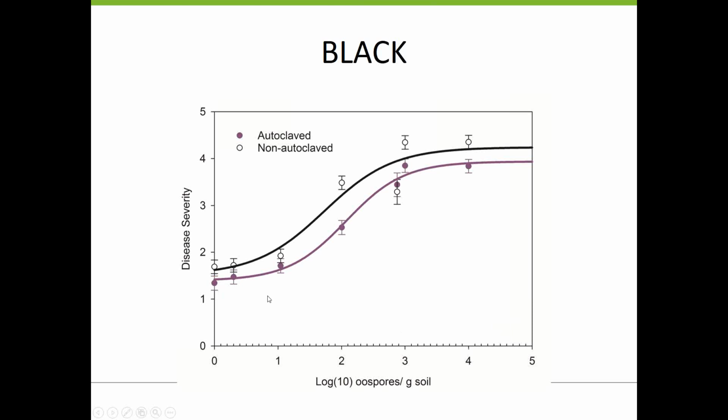And the graph shows what we saw in the pictures, that we really don't see a lot of disease down here at the lower levels, and then all of a sudden it jumps up when we reach about 100 oospores. So the question is, and the threshold would be, where are we starting to see that shift? So what's our inflection point of this graph?